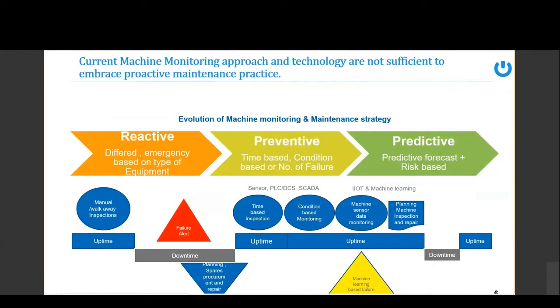But all these efforts are not good enough to avoid unplanned downtime or reduce cost of maintenance. One simple reason is that alarms and alerts set in PLC or SCADA are set for protection, and they alert only when the equipment is already damaged.